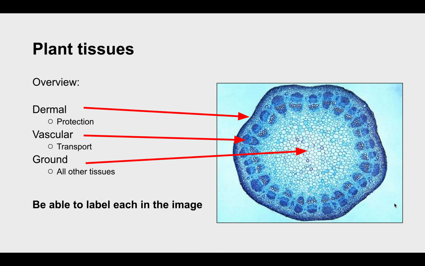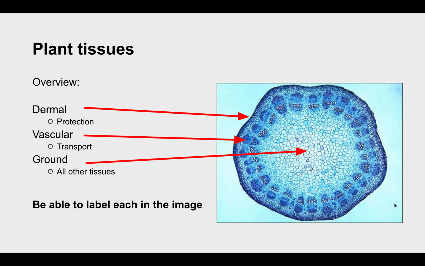All right. As an overview here, if we're looking at a cross section, we can find all three types of tissues. Dermal tissue is for protection. It's going to be found as that one layer of cells around the edge. Vascular tissues provide means of transport. We often see groupings of vascular tissues in these bundles.